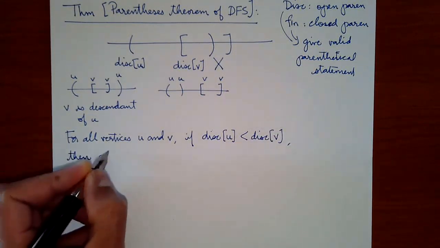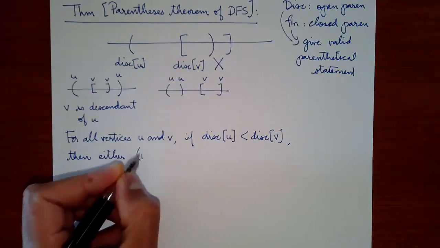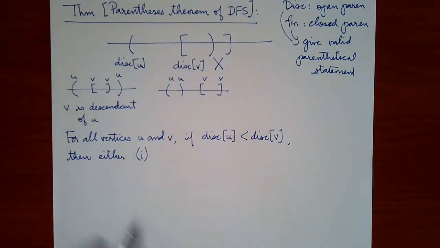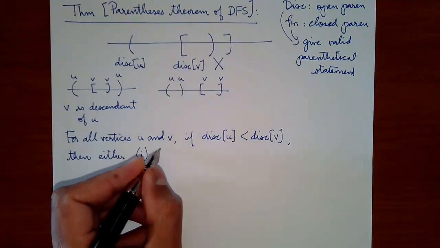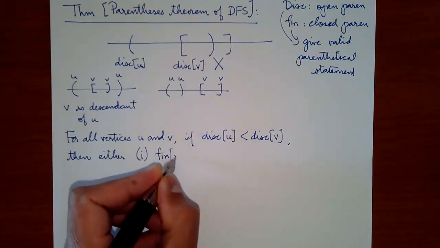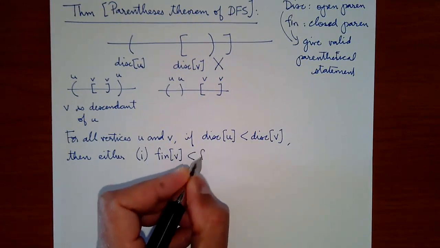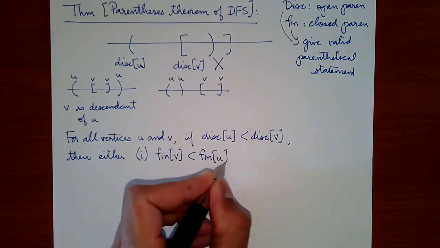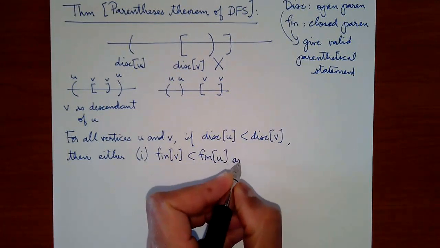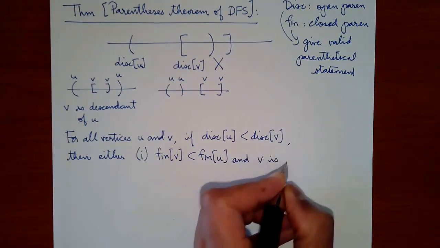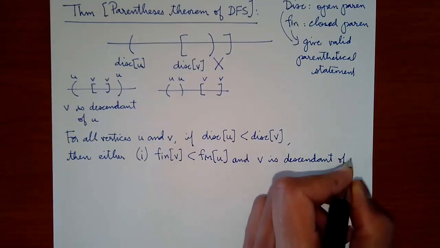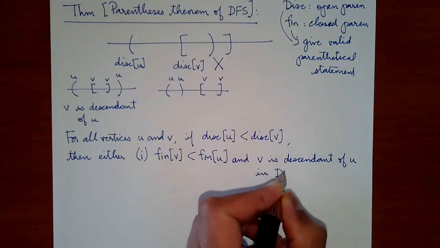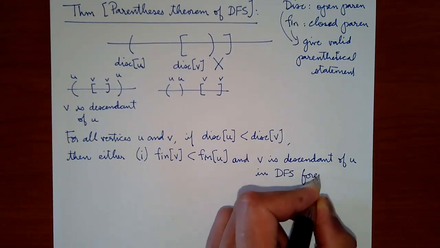Then either case 1 happens, which is this setting here, which would be that the finish of V is less than the finish of U, and V is a descendant of U in the DFS forest.